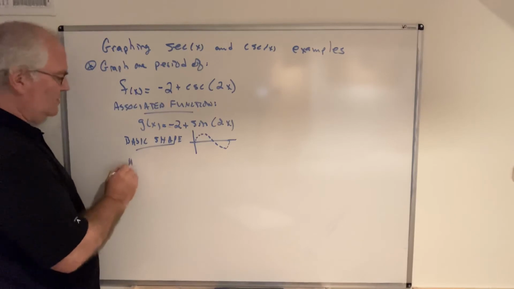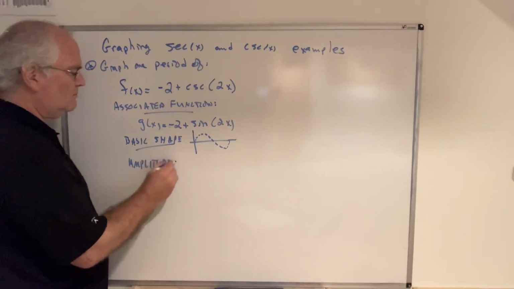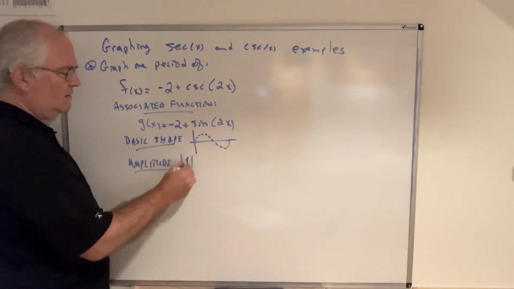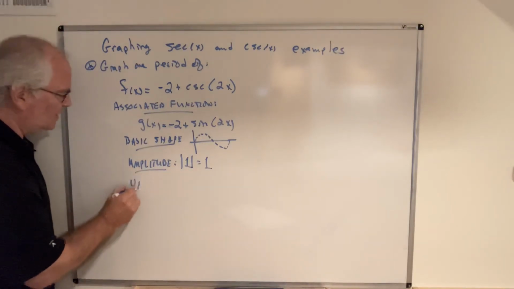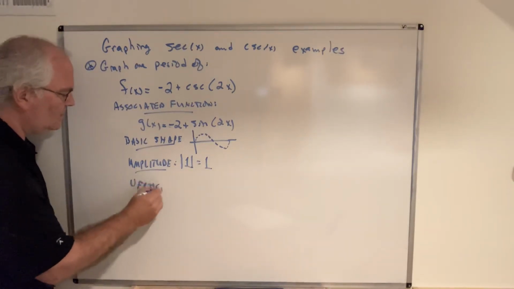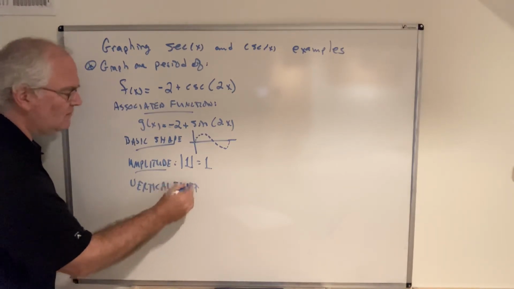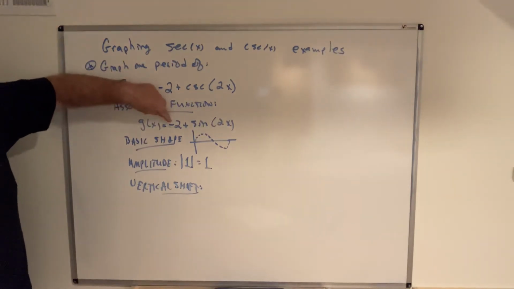We have amplitude. Absolutely, the coefficient is 1. So the amplitude is 1. We have a vertical shift of, looks like we're going to go down 2 units, down 2.